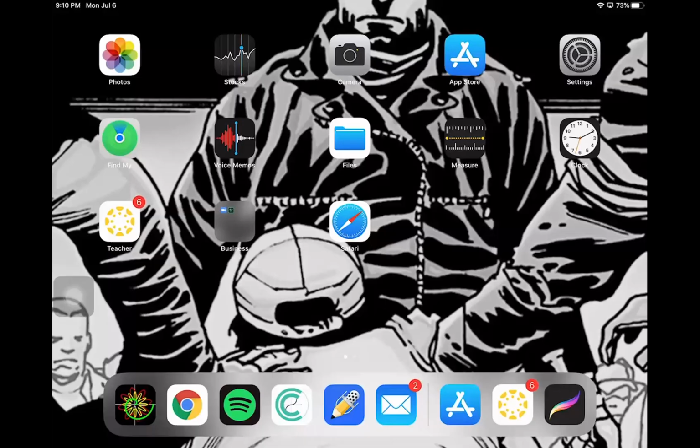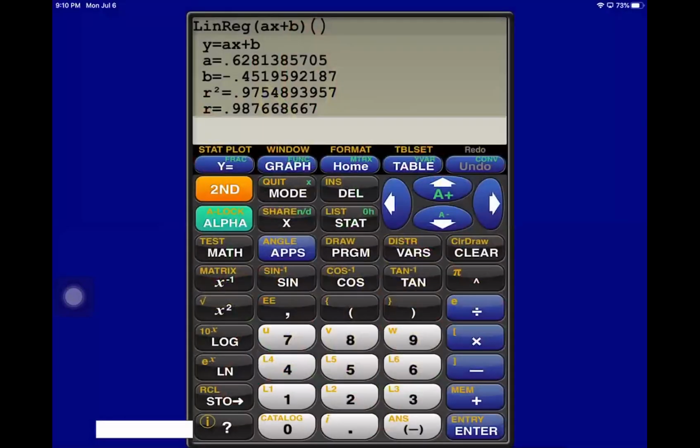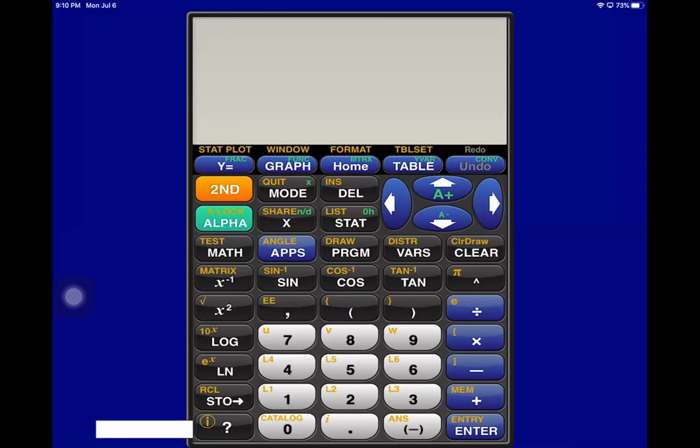First, enter the n. What was my n value? Enter 7. Next, hit the button where it says math.